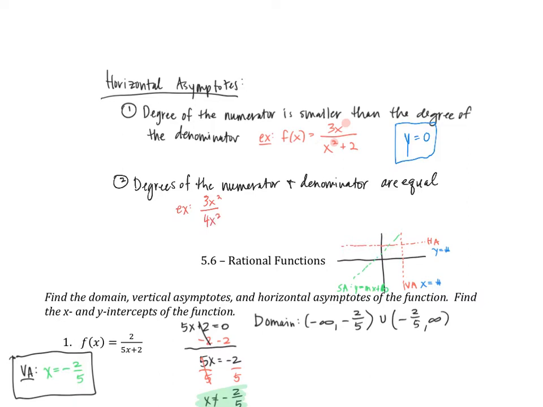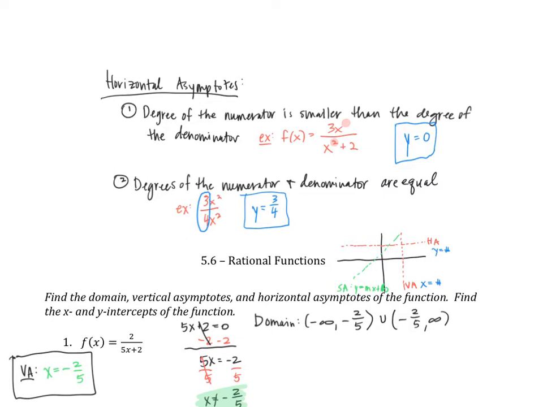In that case, you're going to look at the coefficients of your highest degree. So the coefficients would be 3/4. That would be your horizontal asymptote. So if the degrees are the same, you just look at the coefficients of the highest degree, and then that would be your horizontal asymptote.